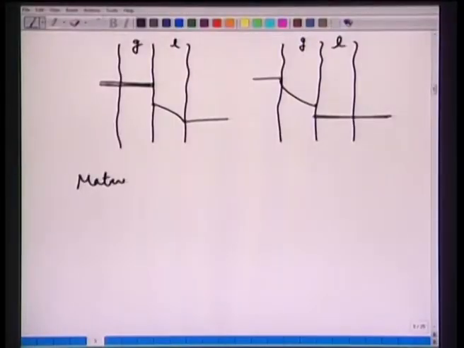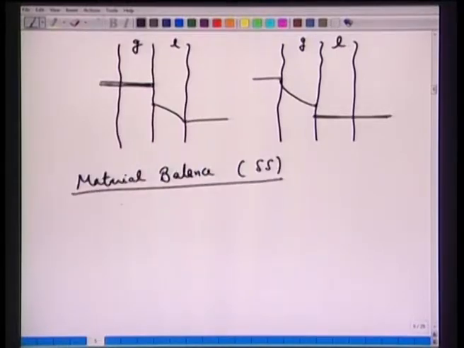So we start with the material balance, and we assume steady state. Now we have 2 cases. One is the continuous contact process, and the second is stage wise.